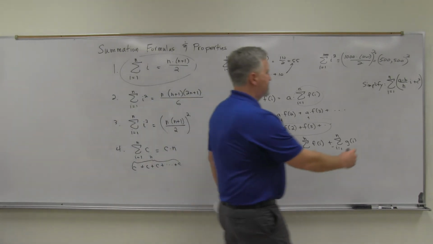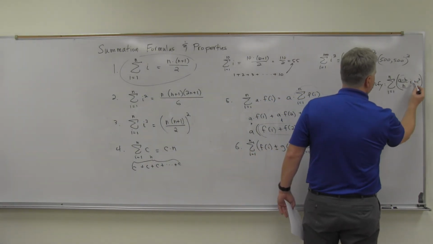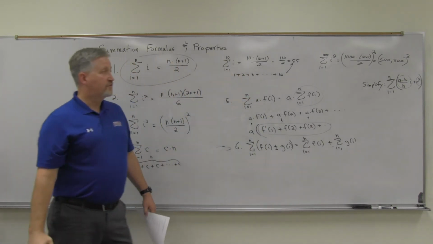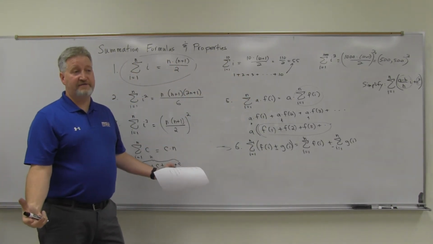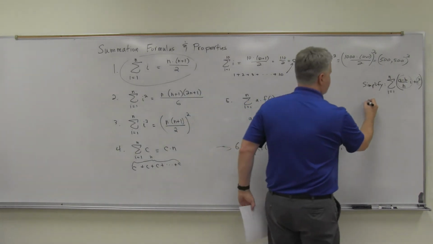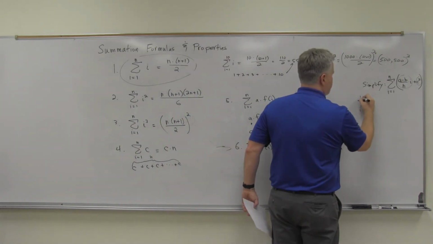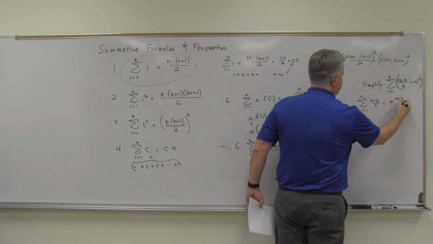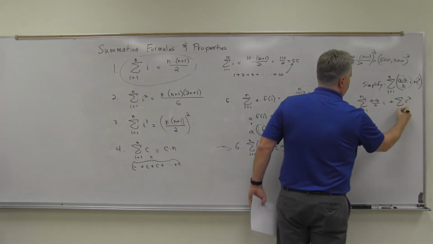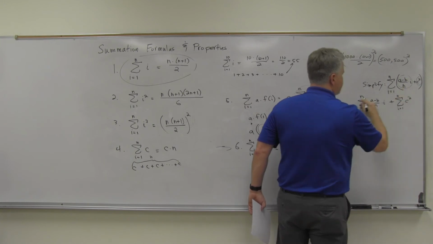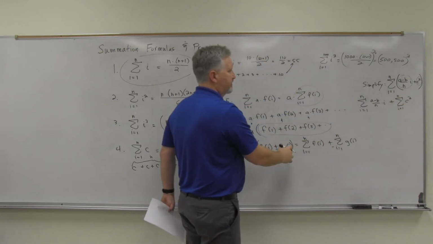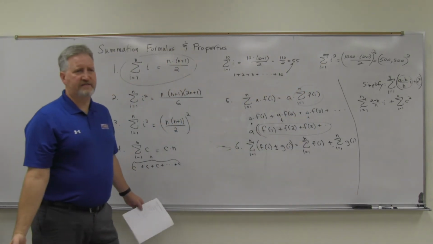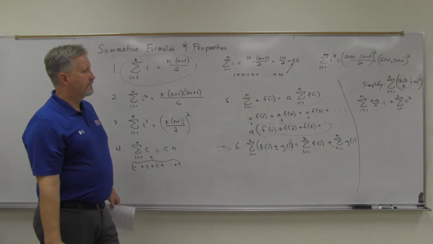Isn't this two things added together, which is number 6? Two things added together, I can do those summations separately. So I can do the summation i equals 1 to n of (a minus b over n) times i plus the summation of c squared, i equals 1 to n. So I'm just separating those by property 6 here. Now property 6, I can separate those. Okay? Now what can I do?